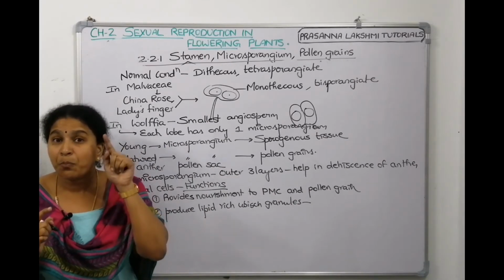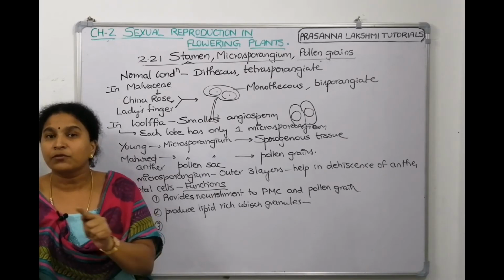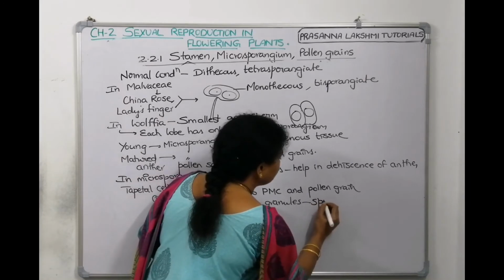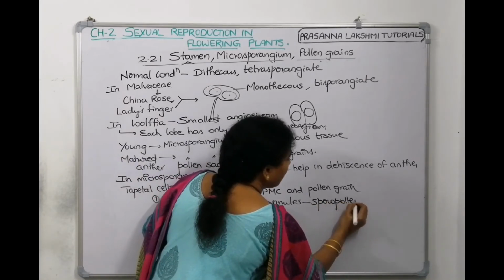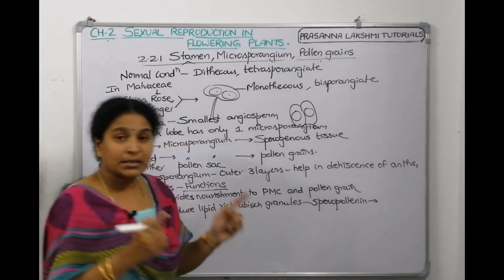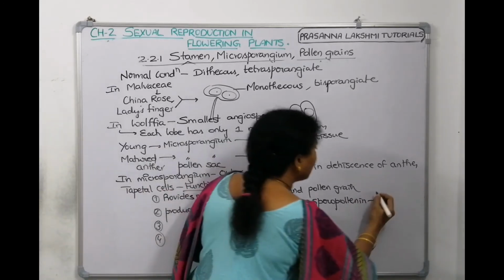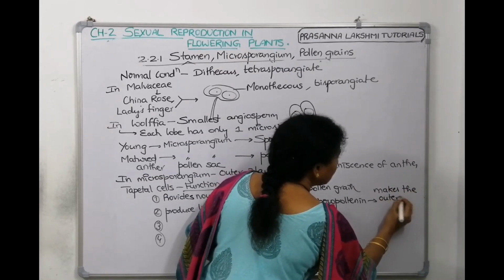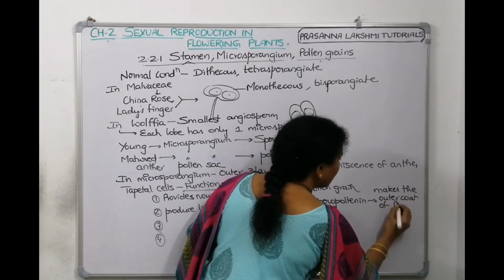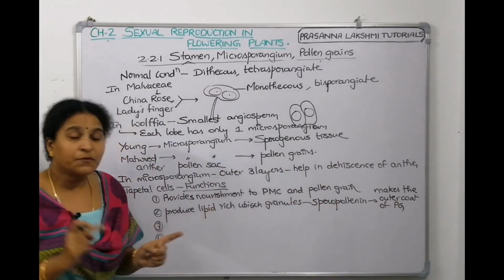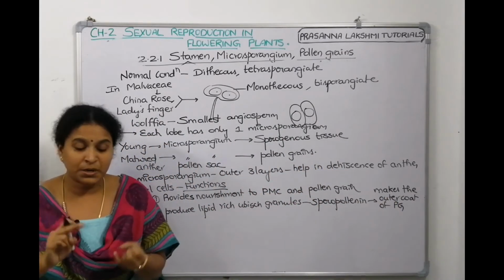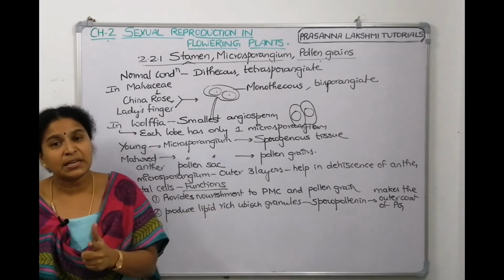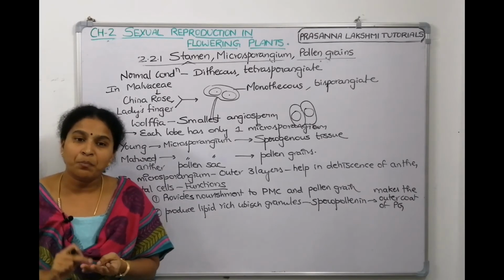They make the Sporopollenin, which is the outer coat of the pollen grain. So, the first function of tapetal cells is to provide nourishment to the spore mother cell and the pollen grain. The second function is to secrete Ubis granules, which will make the outer wall of the pollen grain.